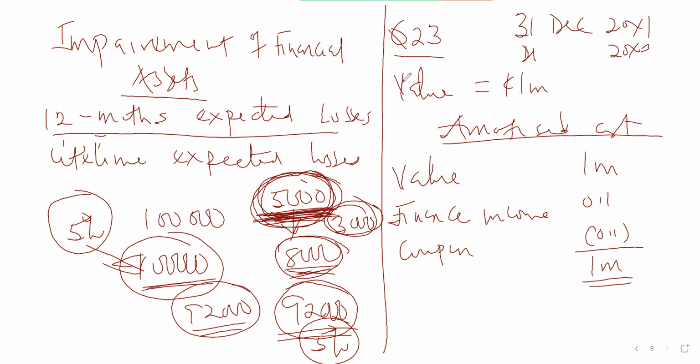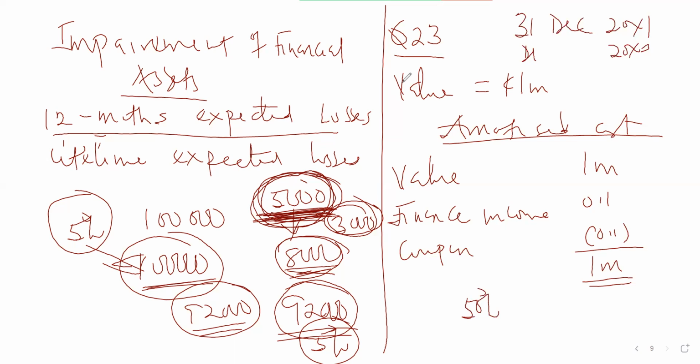31 December 20X1 is the same as January 20X2. From December 20X1 to December 20X2, that is 1 year, and then the next one will make it 2 years. So in 2 years' time, we are going to receive only 50% of the nominal value.